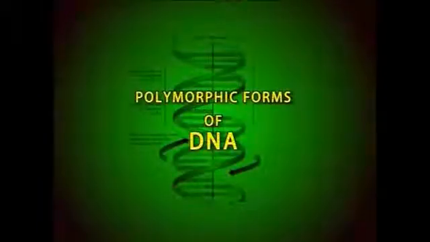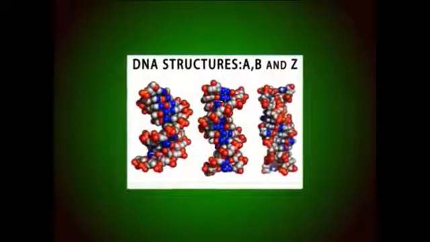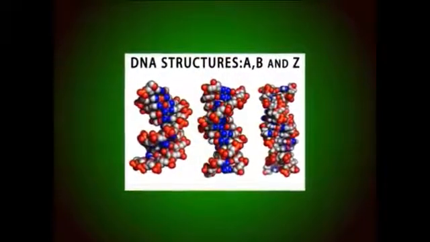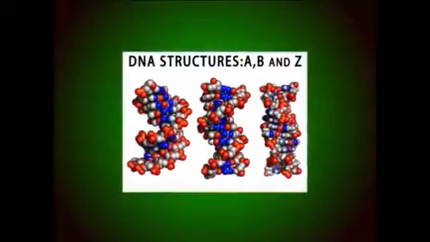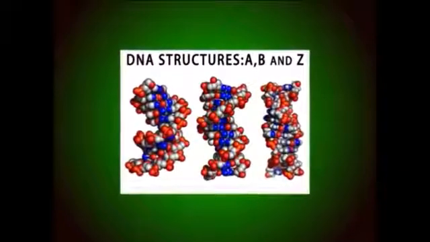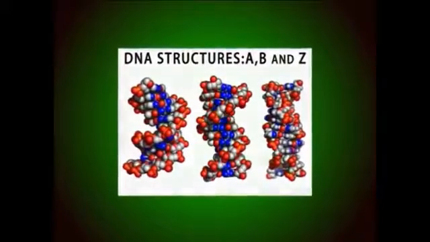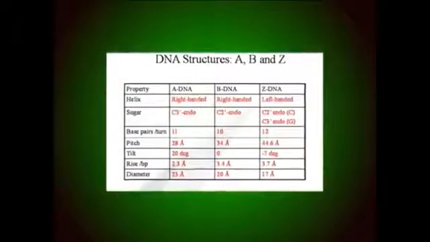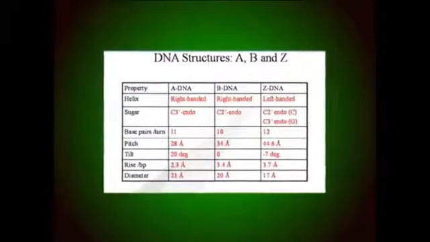Now, let us discuss the polymorphic forms of DNA. DNA's secondary structures include three polymorphs: A, B and Z DNA. B is the predominant form in cells. A is usually thicker, and Z is thinner and has a zigzag backbone.